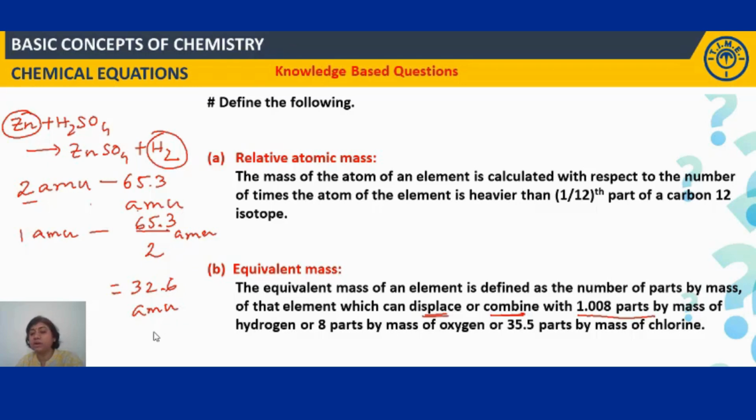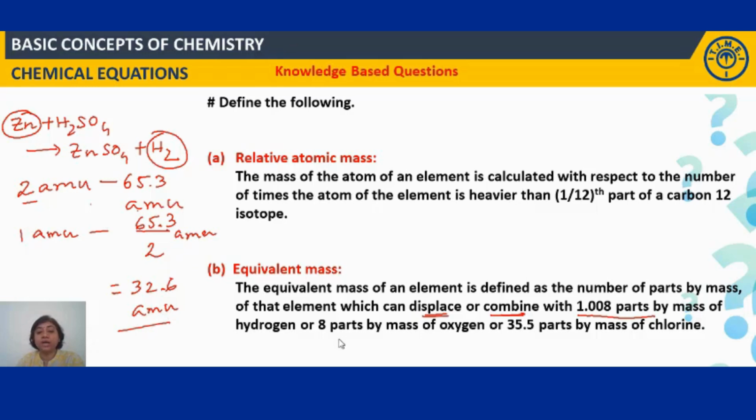So what is the equivalent mass of zinc then? 32.6. Why? Because 32.6 AMU of zinc is displacing 1 AMU of hydrogen from its compound. Clear? So this is equivalent mass with respect to hydrogen.